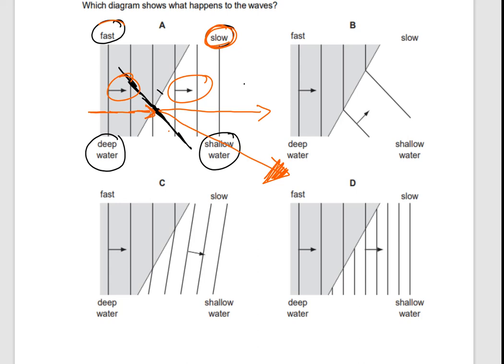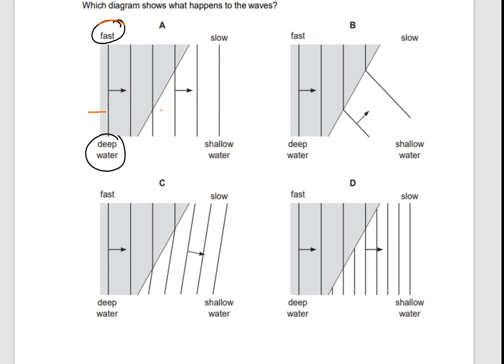Okay, so let me erase these things. This first one is not an option. Let me draw a normal line for this one. That's the line of normal, and this is the direction of the wave. It should have been bending towards the normal. Instead of going that direction, it should have bent towards the normal. That's not happening.